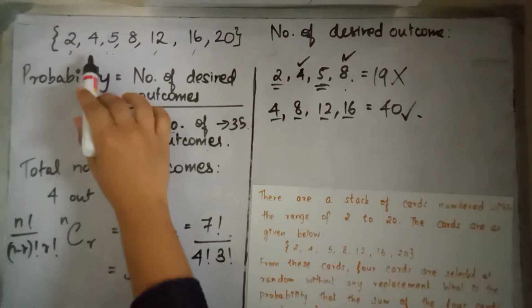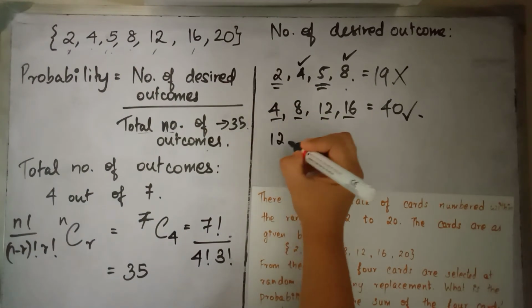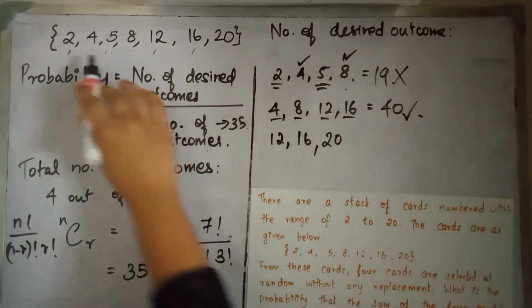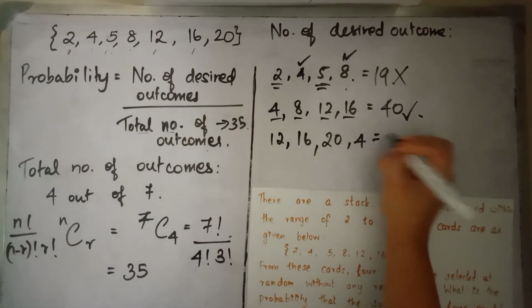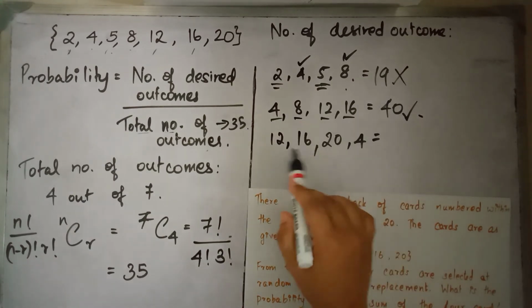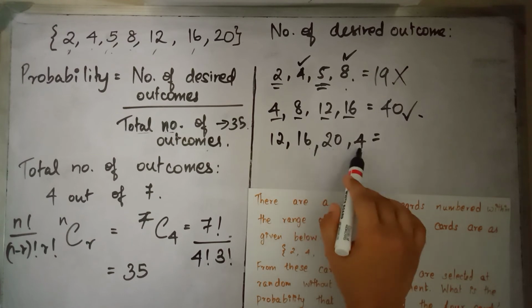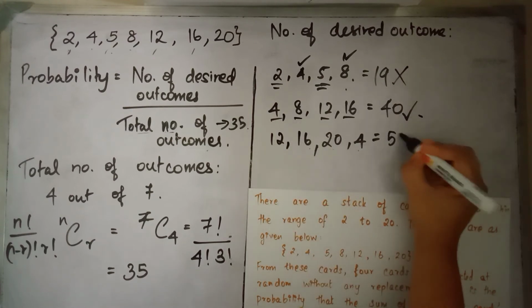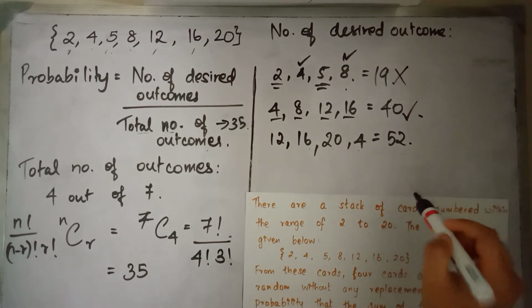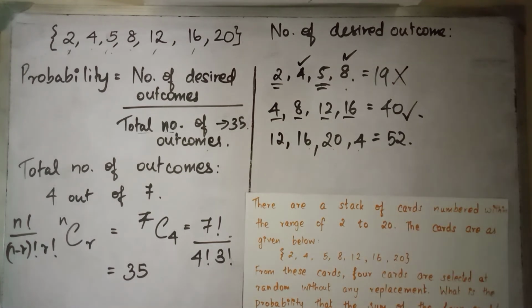I'll take another example to further demonstrate: 12, 16, 20 and 4. All 4 of these cards are divisible by 4. 36, 40, 52. Okay, so 52 is also divisible by 4. So you can notice a pattern.